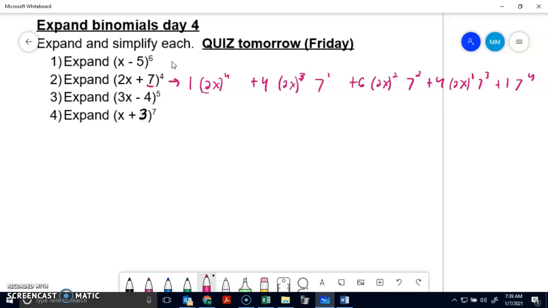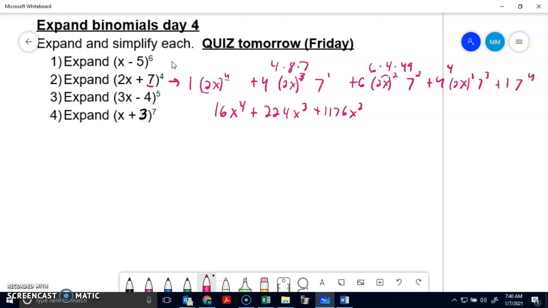So 2 to the 4th is 16, so it's 16x to the 4th. Plus, here I would have 4 times 8 times 7, and that gives me 224 x to the 3rd. And here I'm going to have 6 times 2 squared is 4, times 7 squared, which is 49. And that gives me 1,176 x squared.